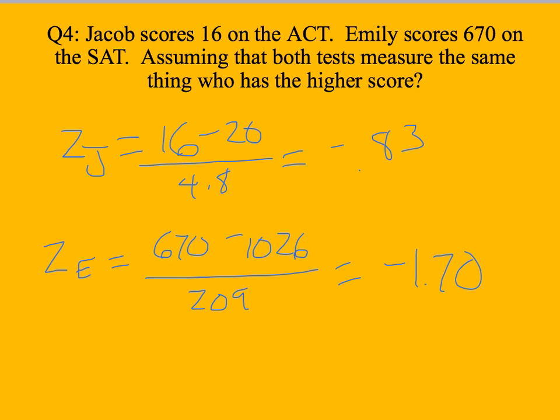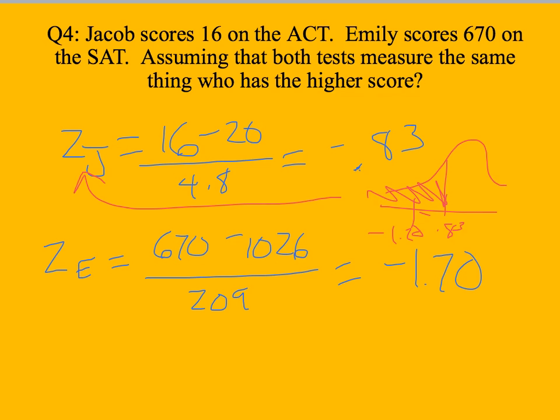So clearly, Jacob did better than Emily because his number is greater than her number. If I were to draw a distribution, you see that negative 1.70 is out here, and negative 0.83 is here. So this area is larger, which means that Jacob did better than Emily. That's question number 4.